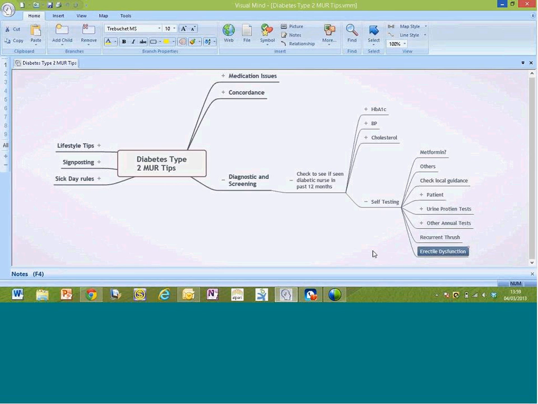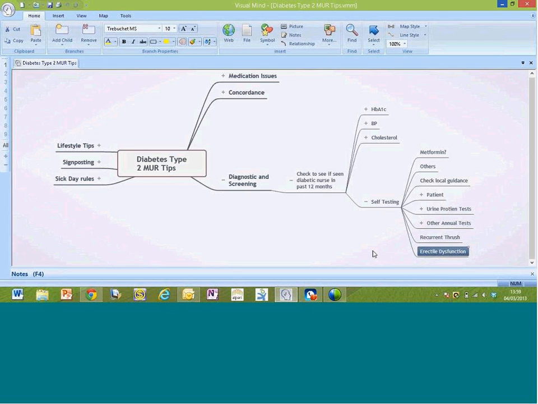And in fact, patients with diabetes can be prescribed the phosphodiesterase inhibitors, such as Viagra, sildenafil, and tadalafil, on a selected list scheme. So in other words, if the prescription has SLS on it, if you've got diabetes, you're able to be prescribed this on the NHS. So it's something just for you to bear in mind there.